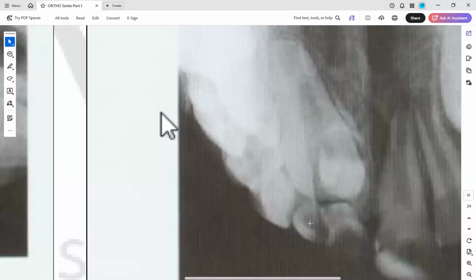But this is your retained central and retained lateral. Retained central primary, retained lateral primary, and then the impacted central is visible here. But there is also another shadow of this circular follicle. Can you see that? Over that central, should this shadow be present or not? Is it a normal finding here?